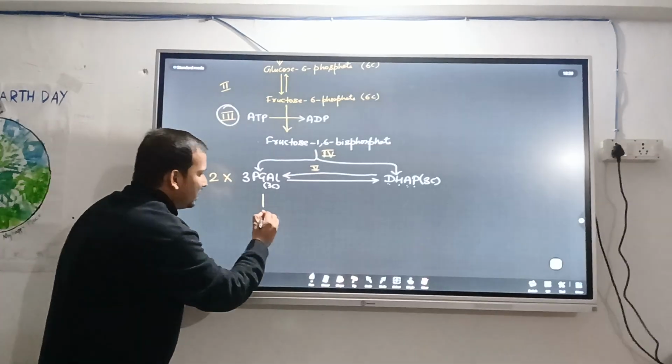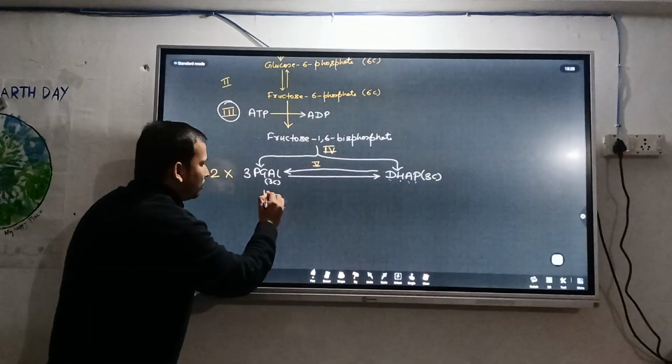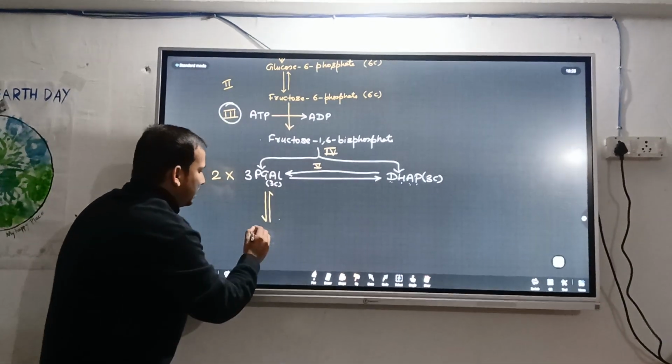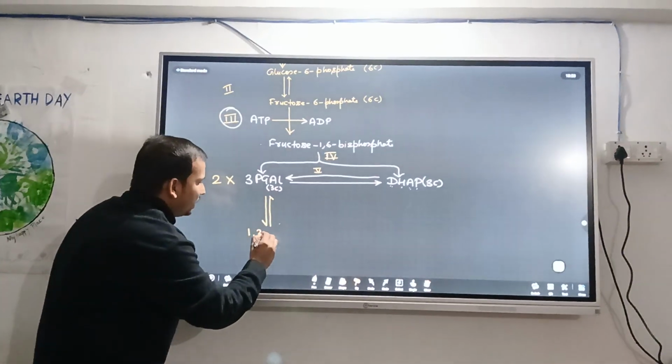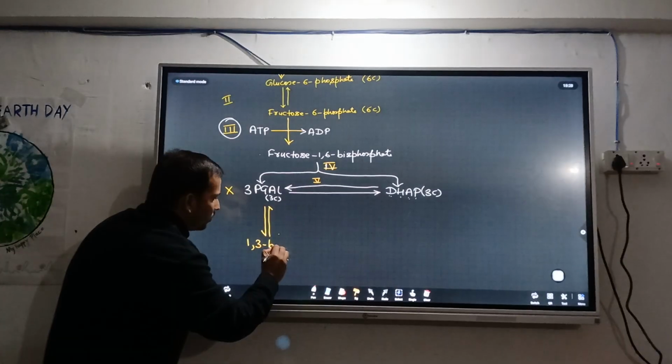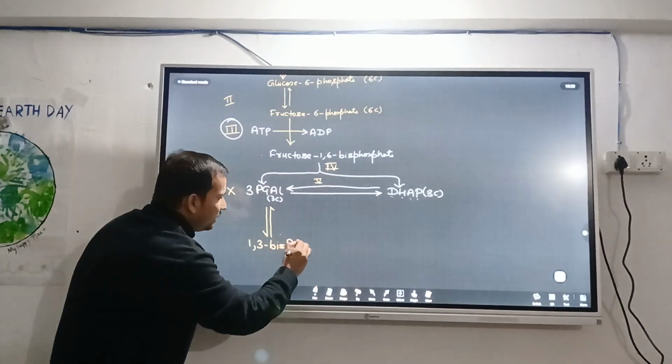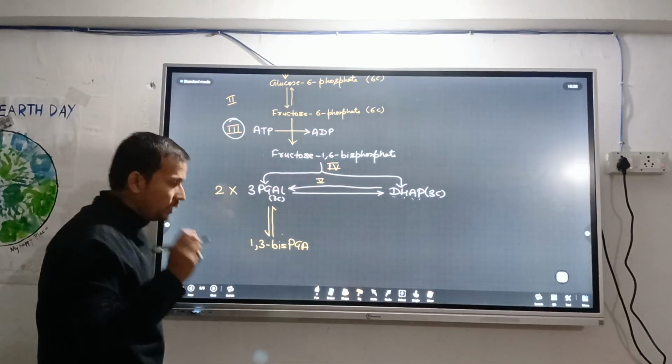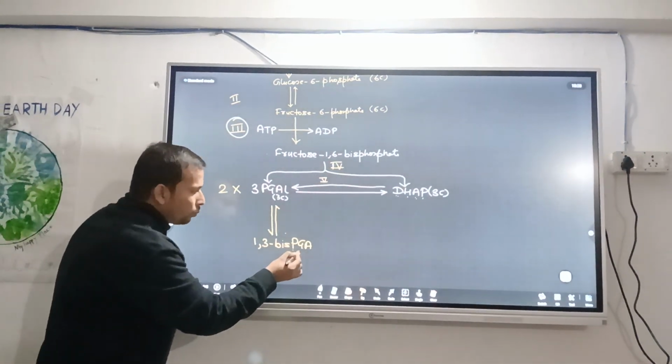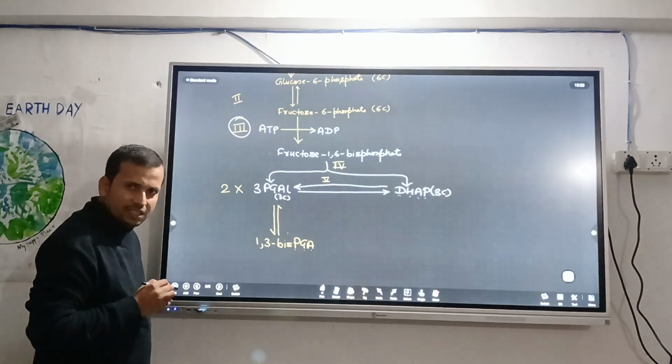Finally, this 3-PGAL is converted into 1,3-bis-phosphoglyceric acid, 1,3-bis-PGA.